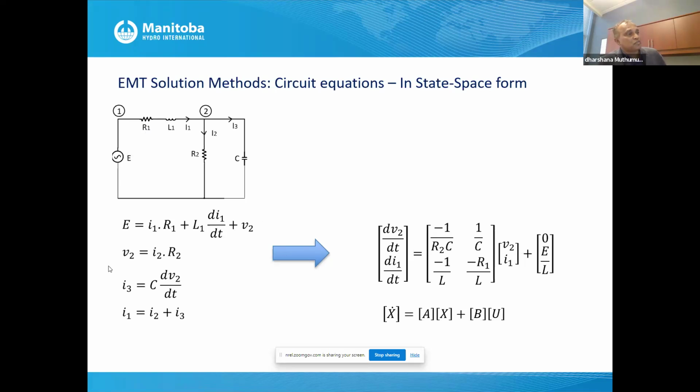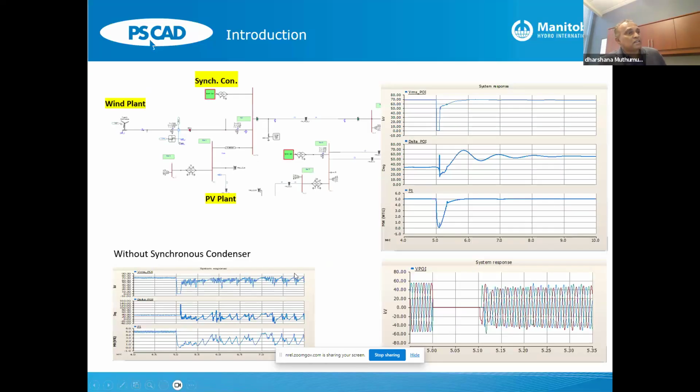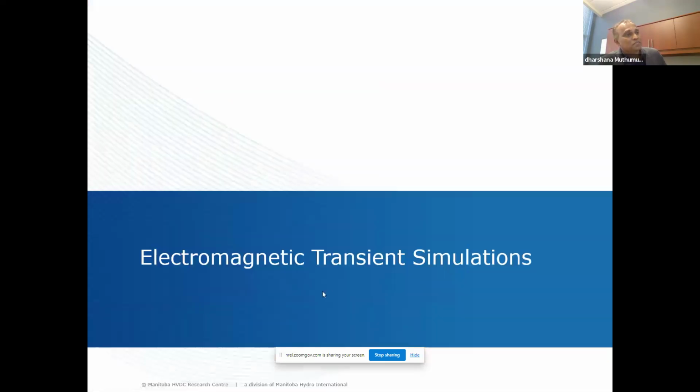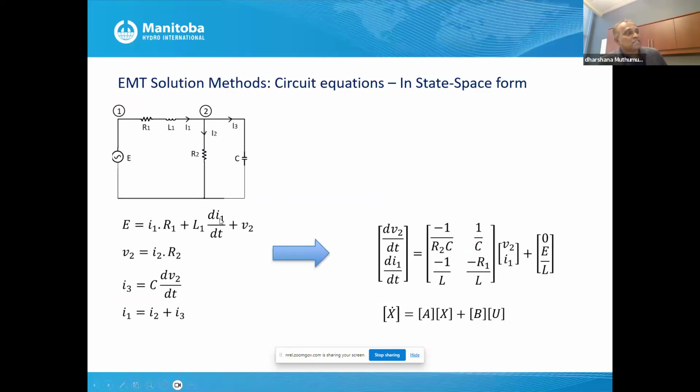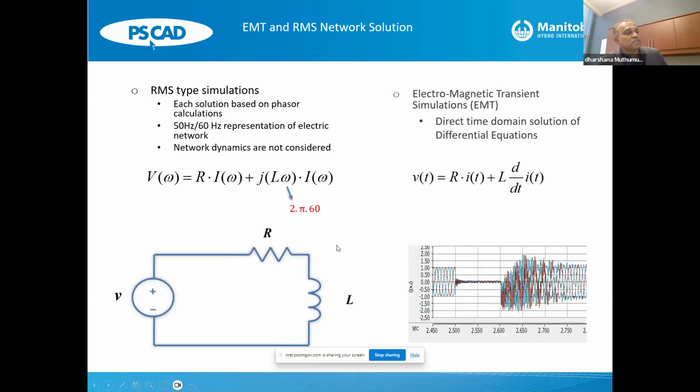We solve differential equations, and we would get instantaneous waveforms, instantaneous values as our solution. So in EMT, the solution is the instantaneous value of the voltage or the current or whatever it is, right? So that's EMT. Now I will use a second simple circuit.